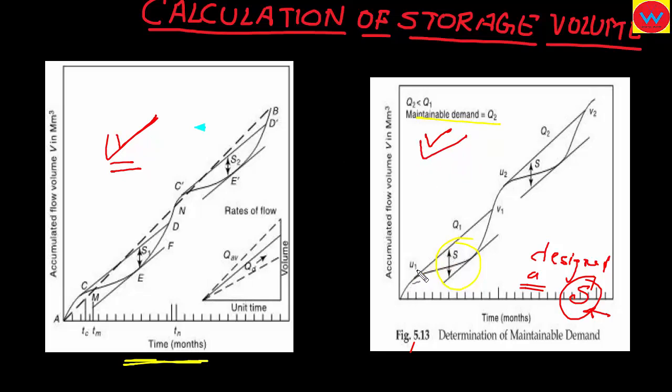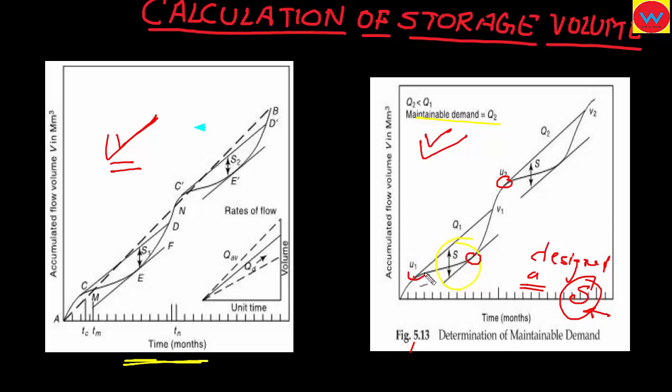So how do we do this? First of all, we draw a tangent at the ridge point, as we have done earlier. Now we know that we have to keep S fixed. So we draw the tangent at this line because this is our lowest supply. This point is your lowest supply for a given season.